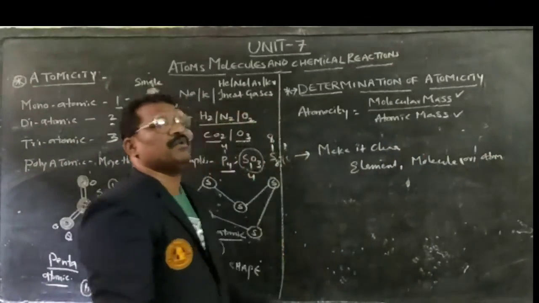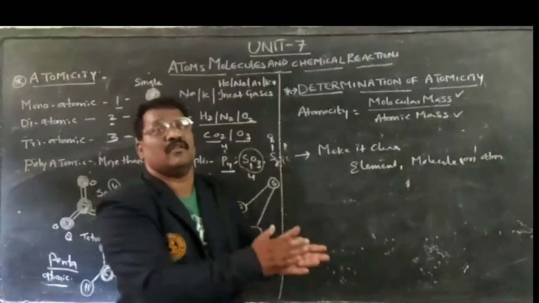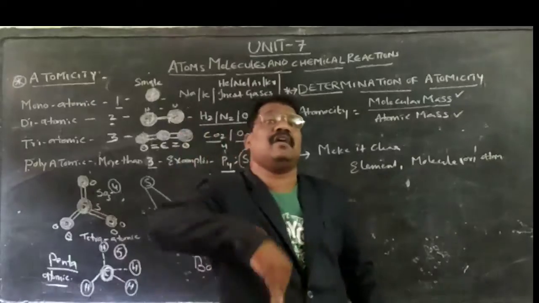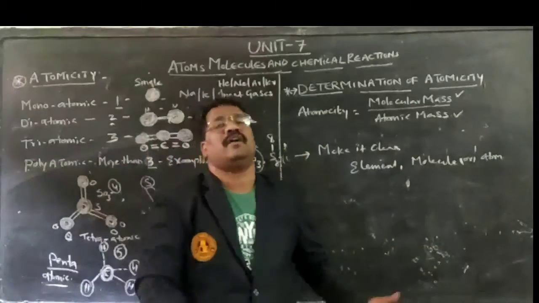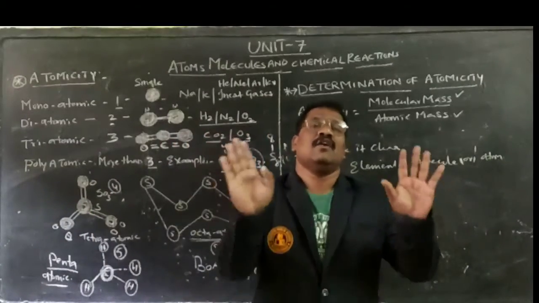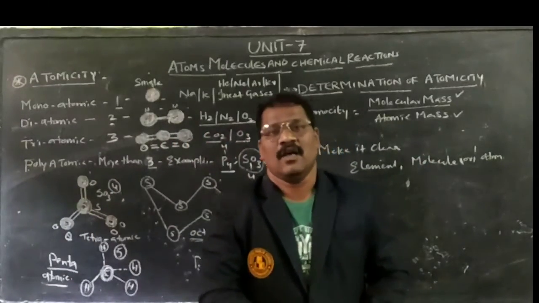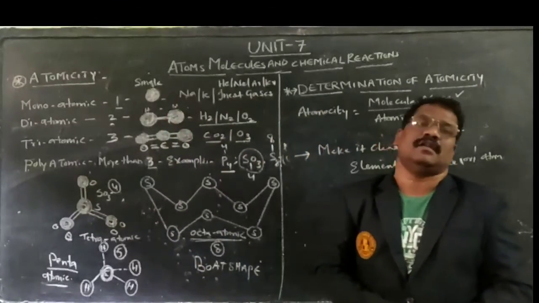For that purpose, some elements are diatomic, triatomic as well as polyatomic, so that we can differentiate an element, a molecule, and the number of atoms existing. By this we have completed our topic called atomicity, children.